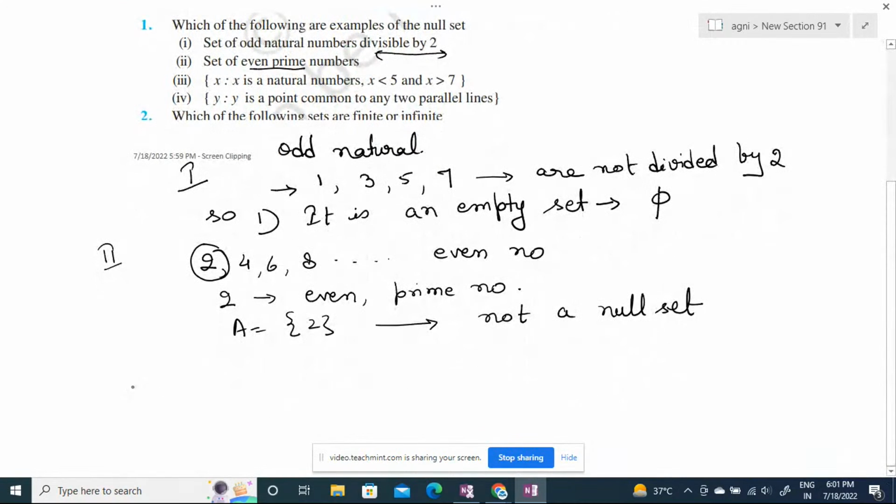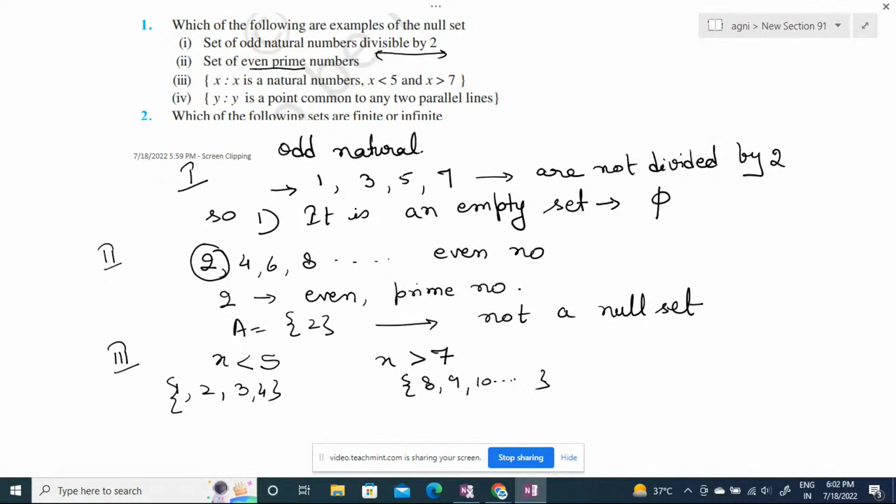Now the third one: x is a natural number where x is less than 5. That means it is 1, 2, 3 and 4. And x is greater than 7. That means we have 8, 9, 10 and so on up to infinity. So say whether it is a null set or not.